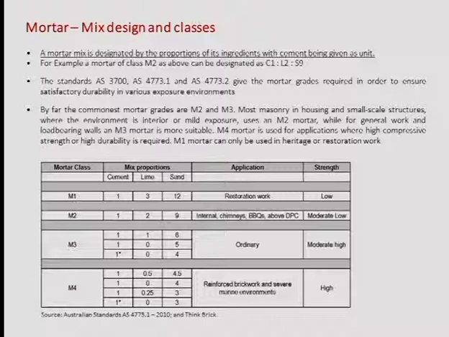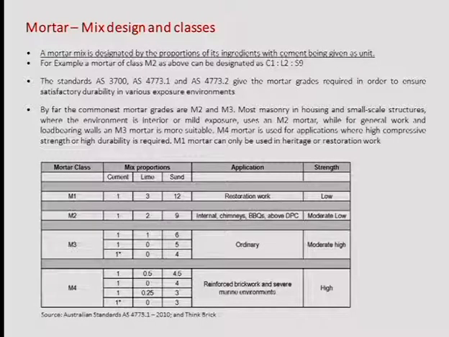The Australian standards have actually classified these in different classes. So you see the source is here, AS 4773.1, and there are also others, okay? What you'll find there is that the unit is always given by cement, so you compare the others against cement. So you can say, I have 1 unit of cement, and I need to add 3 units of lime and 12 of sand.